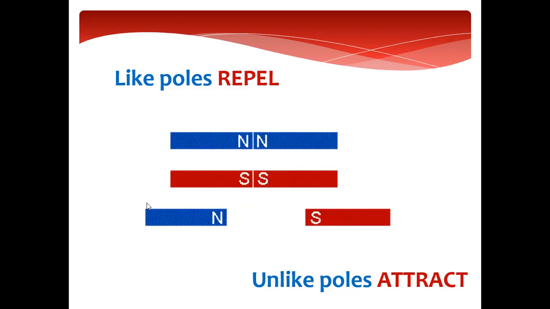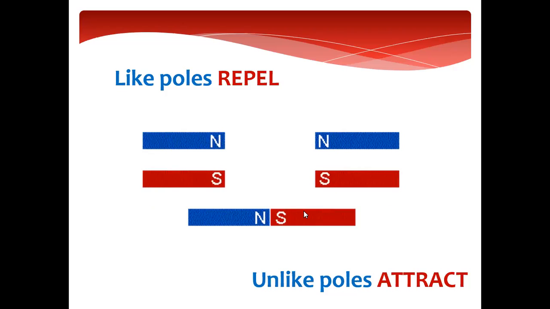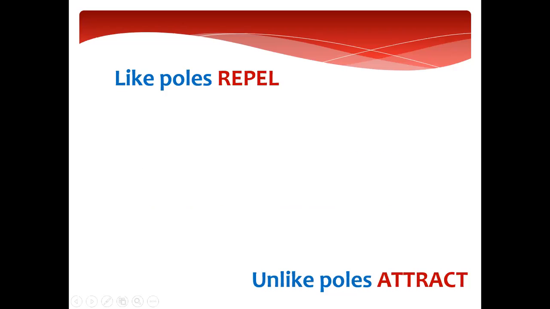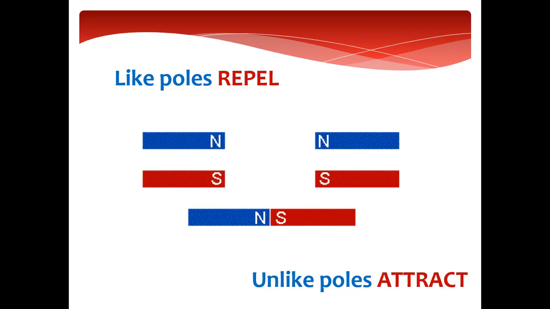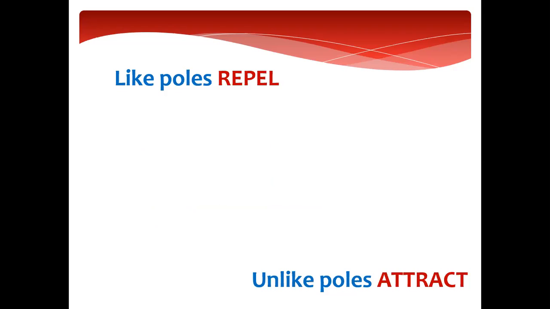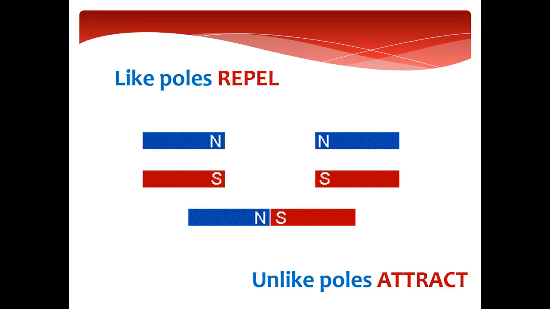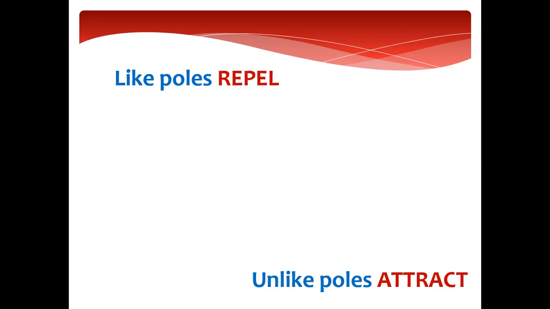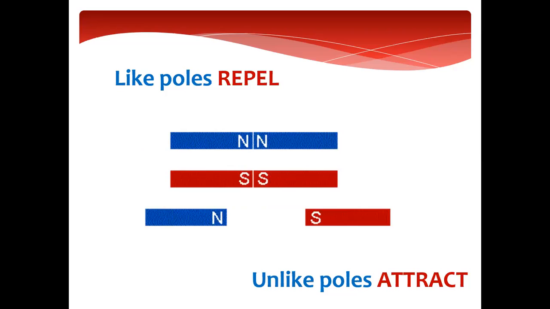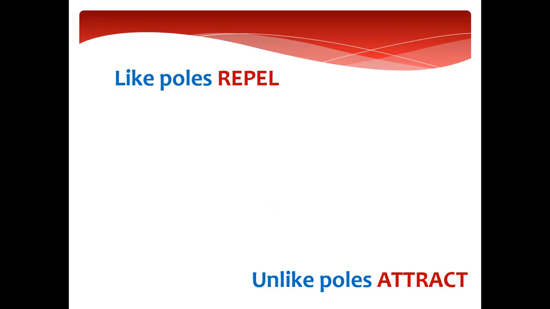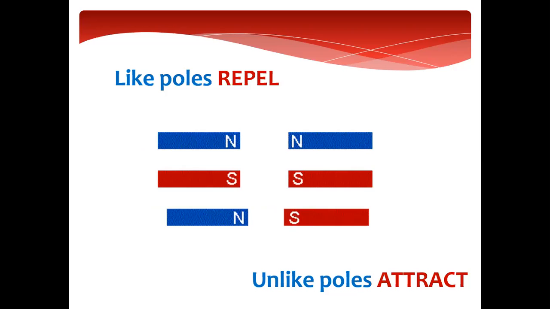The north must be beside the south to be attracted. I'm talking about two magnets, not the same magnet. The same magnet has a north and a south; you cannot find north and north, or south and south. So, like poles repel and unlike poles attract.